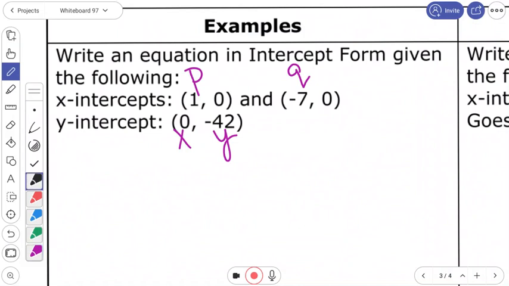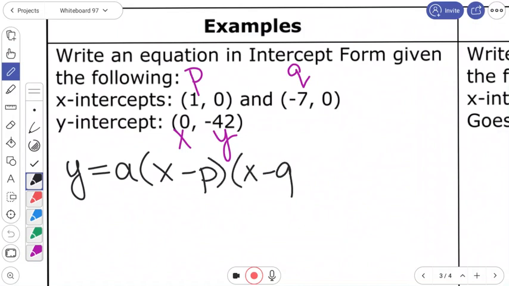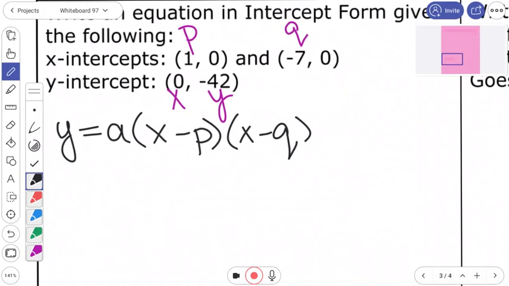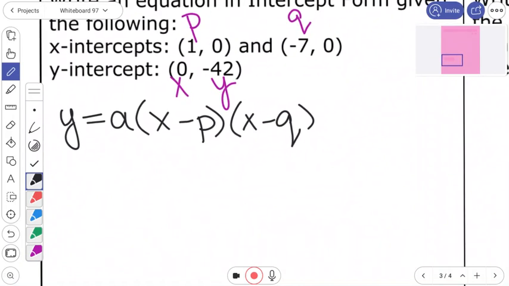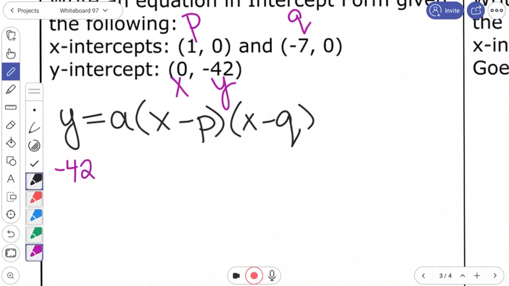So our next step, I'm going to write down our intercept form of the equation, y equals A times x minus P times x minus Q. And we need to sub in all of those values that we just identified. So our Y value is -42. We do not know our A value.